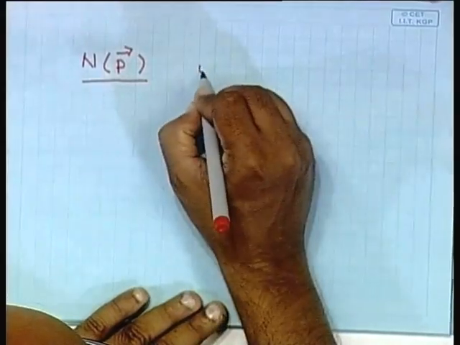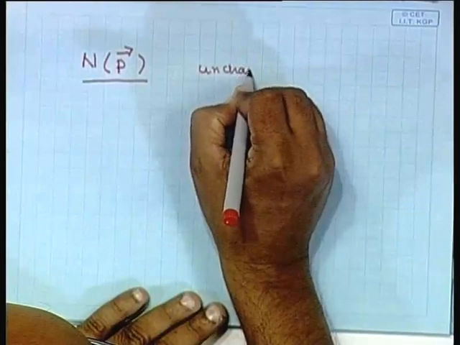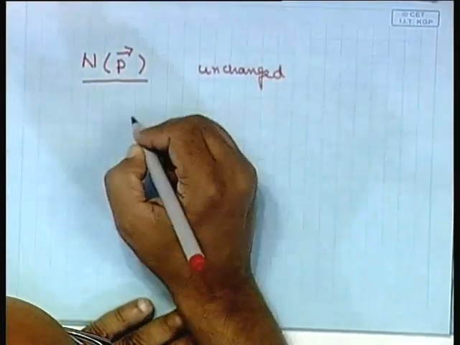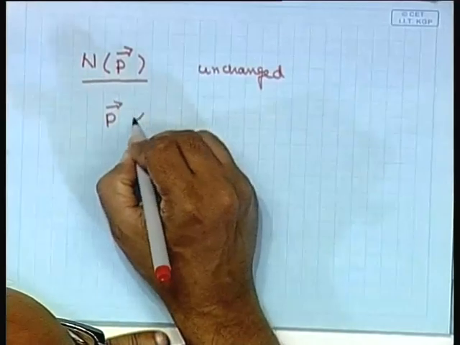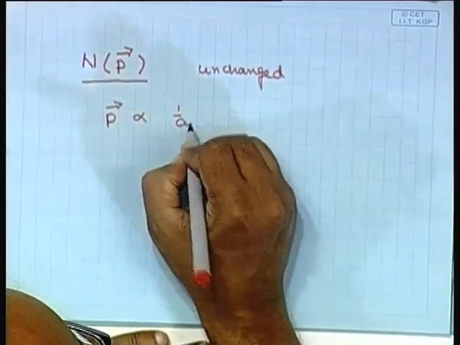What happens is that the momentum of every particle, of every mode, gets changed, and with the expansion it decreases inversely with the scale factor. We know this. All that happens is p scales as 1 by a.